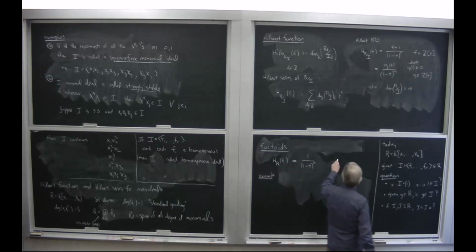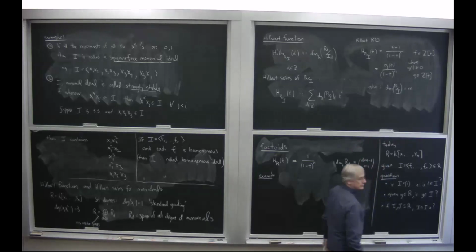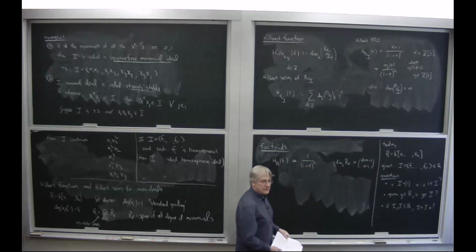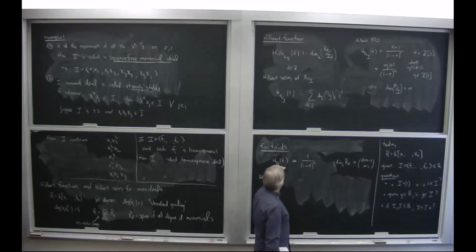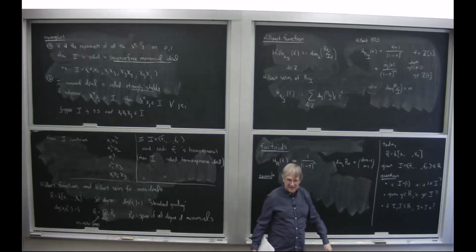So for instance, if you think about it, the dimension of R sub d over k is equal to d plus n minus 1 choose d, or n minus 1. Okay. So you have to do a combinatorial argument and pay attention. And then the way you see this is, how do you get that? Well, you take 1 over 1 minus t, you differentiate a whole bunch of times, and that's what you basically get.